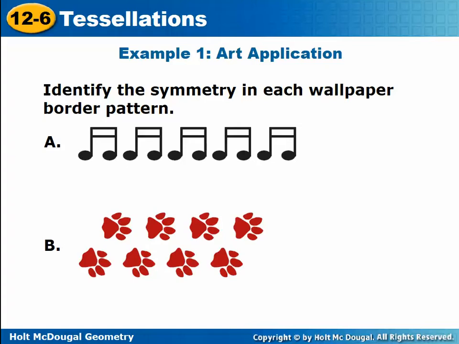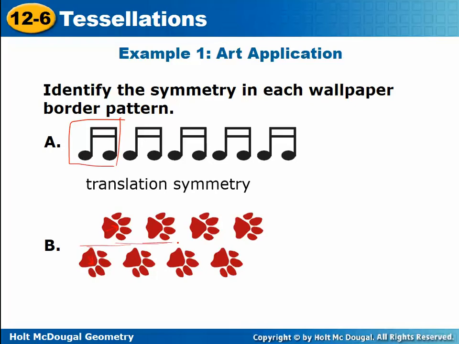Okay, here's some examples. In A, you have to say whether there's translation symmetry or glide reflection. In A, it's just translation symmetry. It was not reflected at all. It's just that this figure is translated several times. But in this one, you can see that this paw print points this way, and then it's reflected over a line, and now it's down.